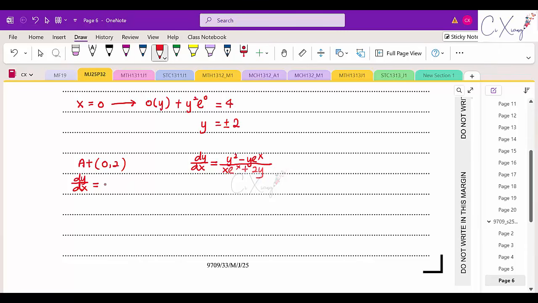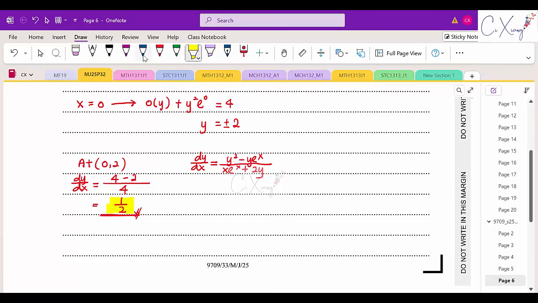Okay, now your x is equal to 0, your y is equal to 2. So substitute inside, you'll be having 4. Y squared is a 4 minus 2. E power 0 is a 1 divided by x e power x is a 0 plus 2y is a 4. When you simplify it, you will get the value half. This is the first value for the dy dx.